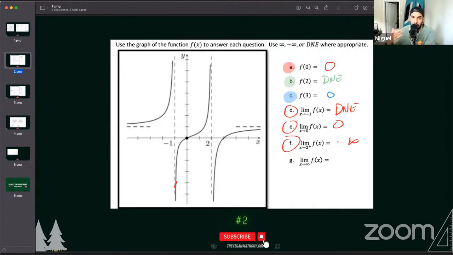But if you want to imagine it again, just on the graph, you're asking what happens as I continue moving further to the right. Just imagine I'm riding this wave. What happens as I continue further to the right?